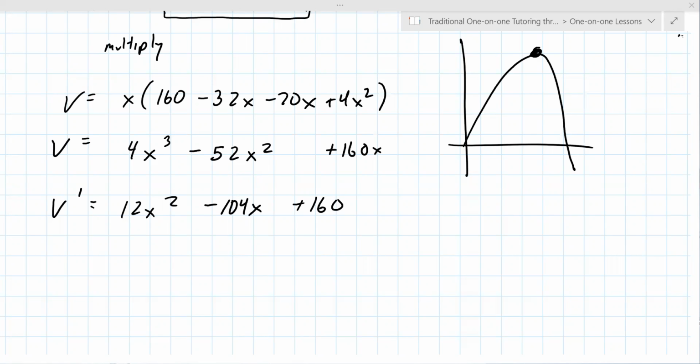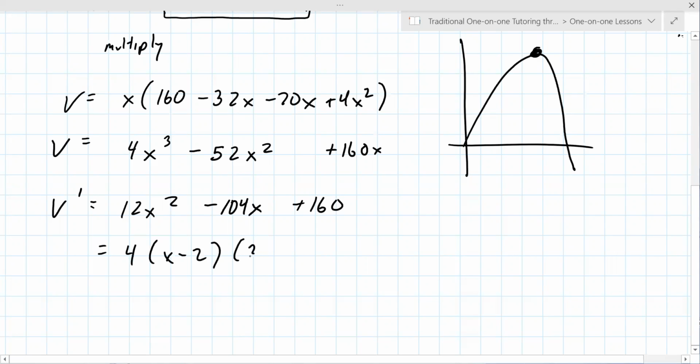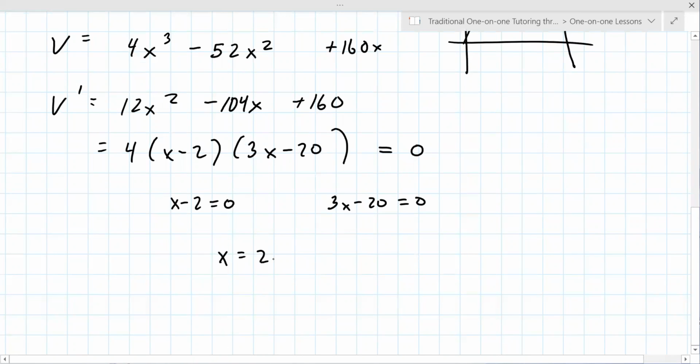This one does, in fact, factor to x minus 2, 3x minus 20. So you set this equal to 0. You always set the derivative equal to 0, and you're looking for the critical points. The critical points are when x minus 2 equals 0 and when 3x minus 20 equals 0. So either when x equals 2 or when x equals 20 over 3.